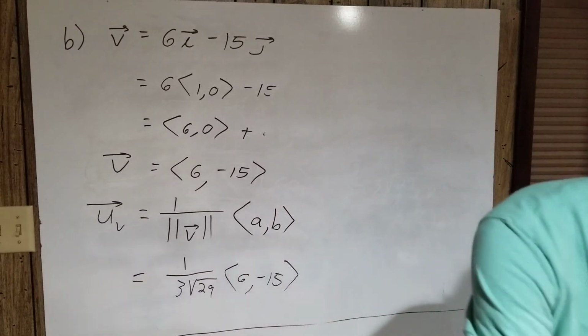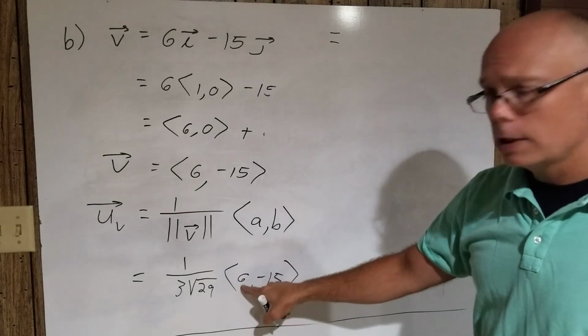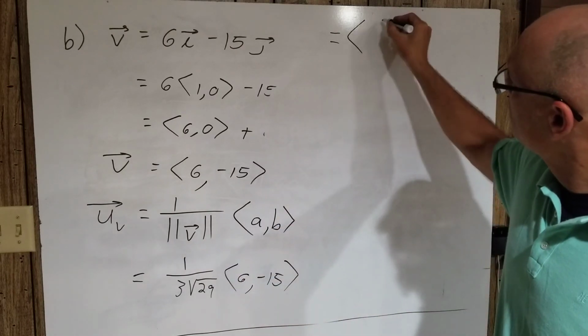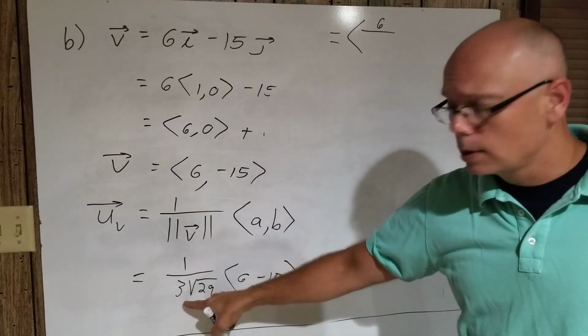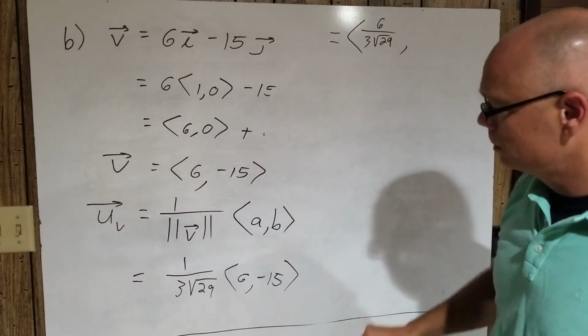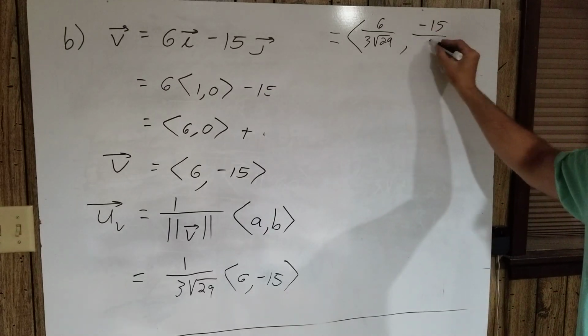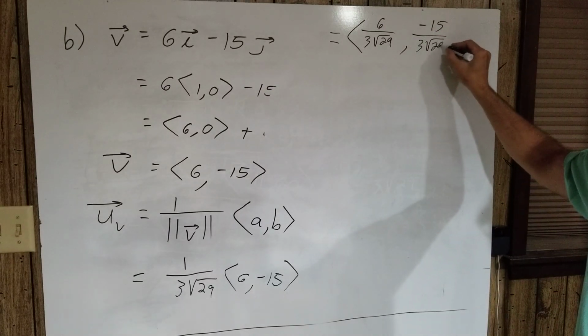We basically distribute this in here, so we get 6 over 3 square roots of 29, comma, negative 15 over 3 square roots of 29.